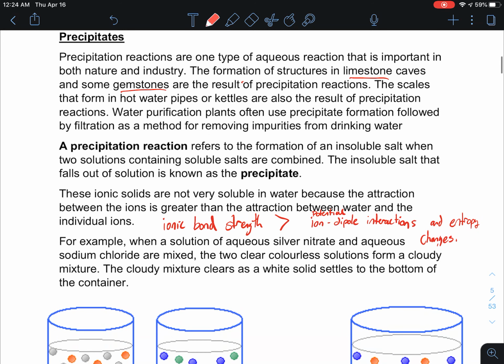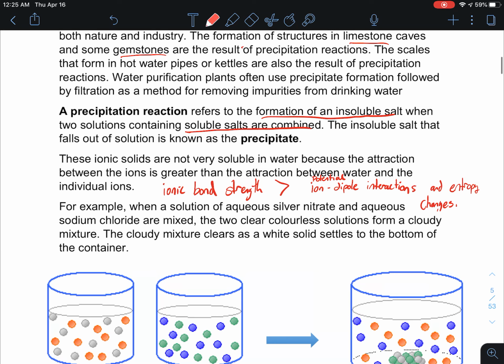So a precipitation reaction refers to the formation of an insoluble salt when two solutions containing soluble salts are combined. And that is precipitation. I think of precipitation as anytime a salt forms, anytime a solution has been changed so that a salt is no longer soluble. So it doesn't necessarily require the combination. I think actually this might be a misnomer here.